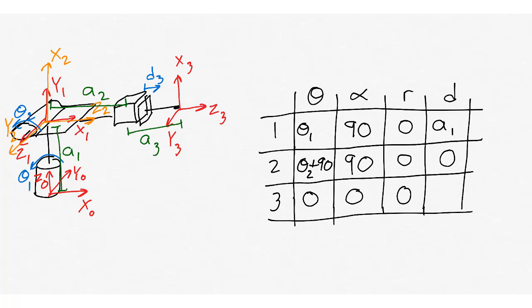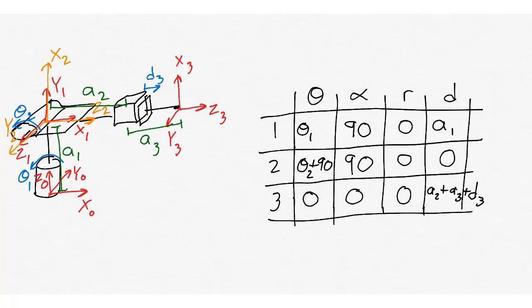D in the third row is asking us what is the displacement between the center of frame 2 and the center of frame 3 in the z2 direction. Here we have quite a bit of displacement. We have the link length A2 and the link length A3, and we also have the joint variable D3. We need to make sure we include all of these. D in the third row is the sum of all three of these components.